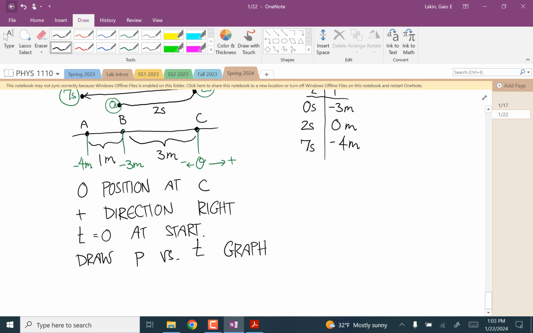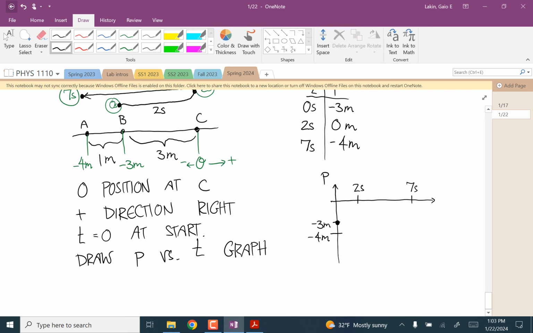And so now it's just a matter of plotting these points you've come up with. You have 0, 2 seconds, 7 seconds. And for positions, you have 0, negative 3, negative 4. The first point is 0, negative 3.